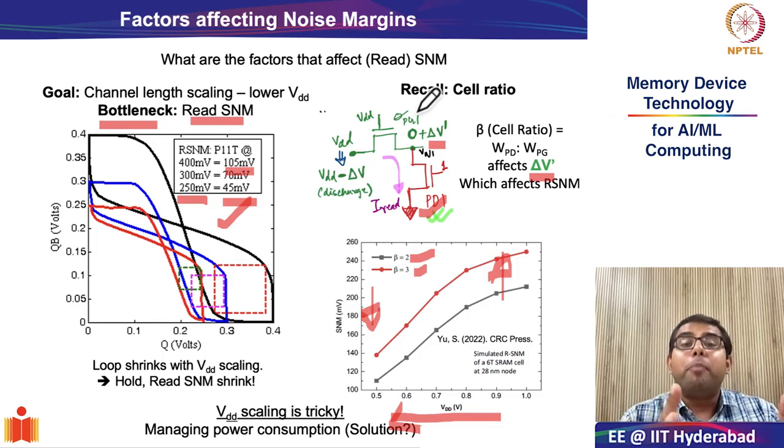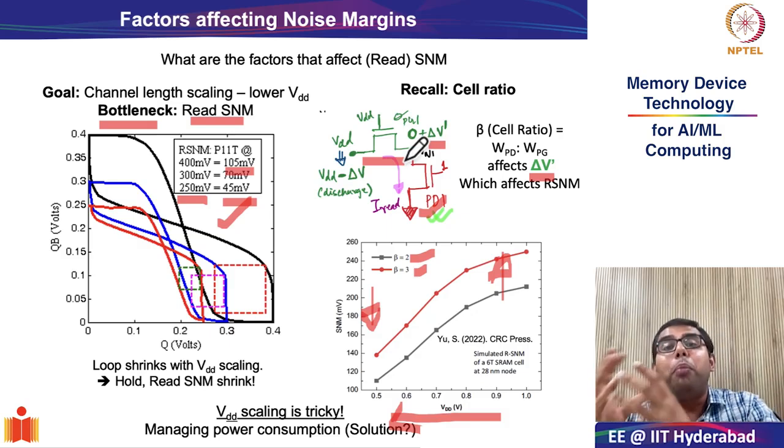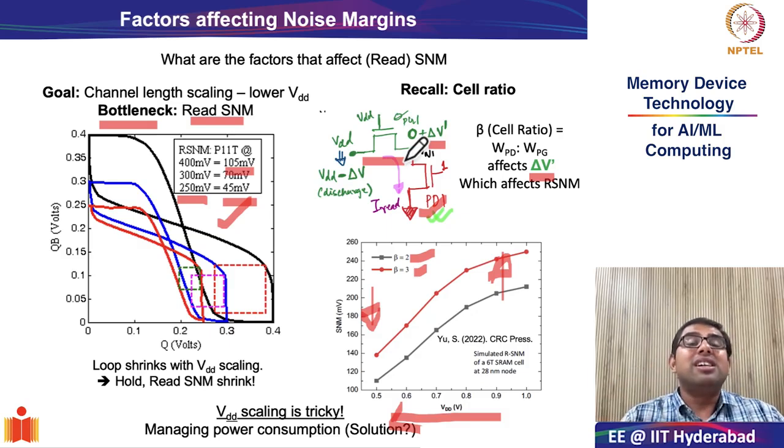Because you want to maintain a balanced inverter. But when you start improving the strength of PU1, write will become an issue, because in the write operation, recall, the strength of the pass gate transistor with respect to the pull-up transistor will start getting affected. So if you try to arbitrarily increase the cell ratio, the pull-up ratio will start getting affected.